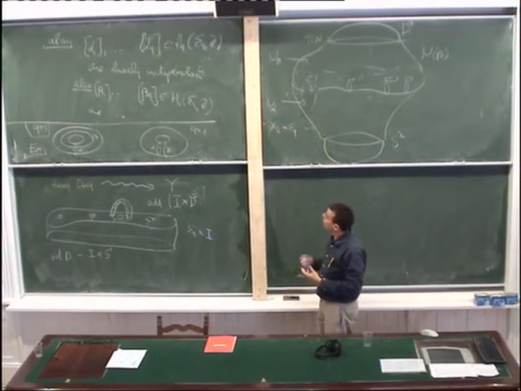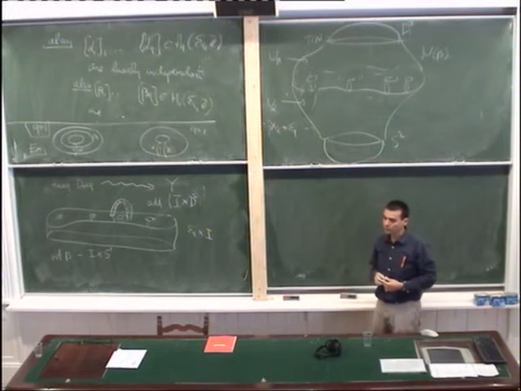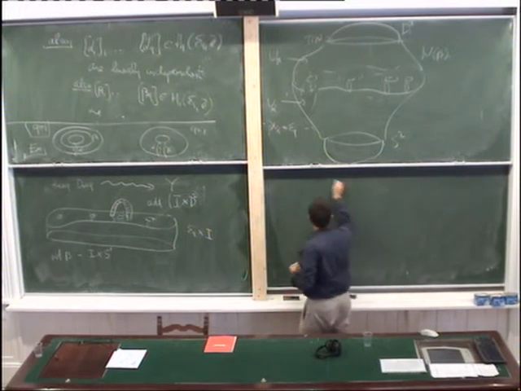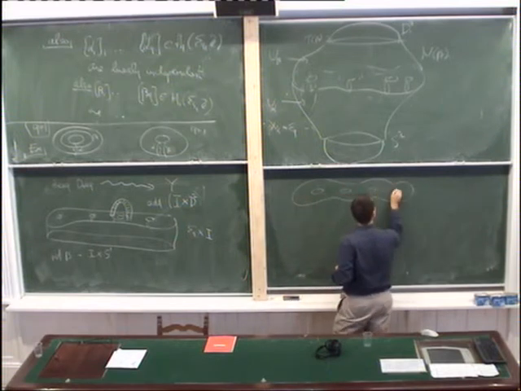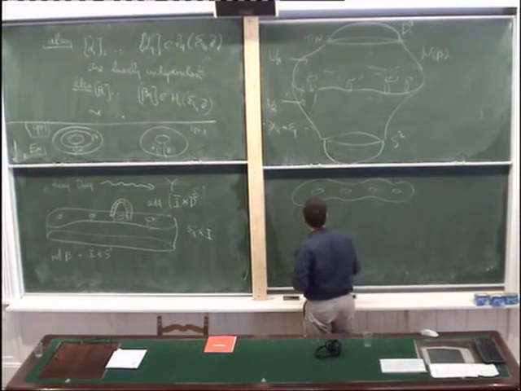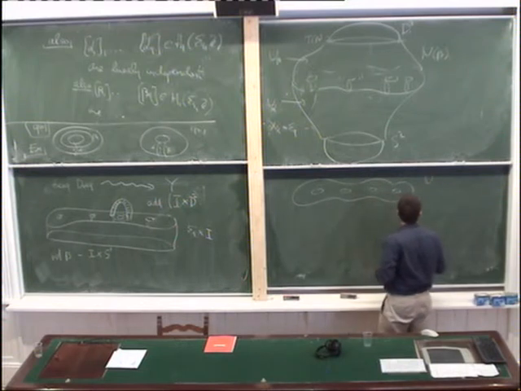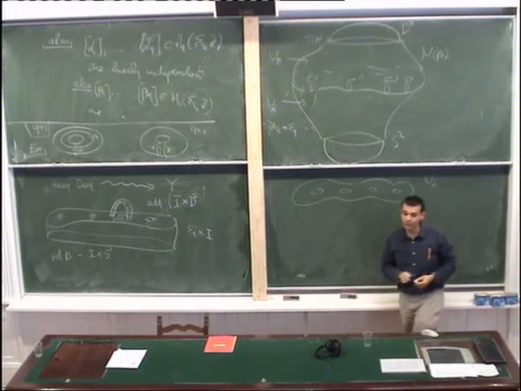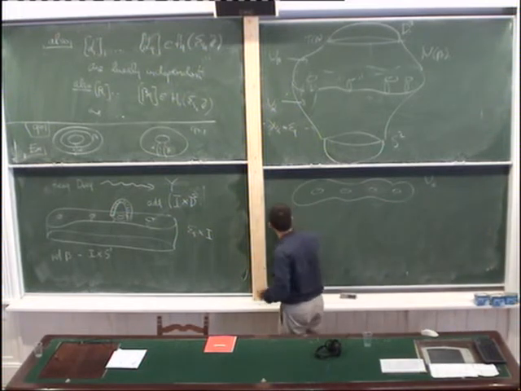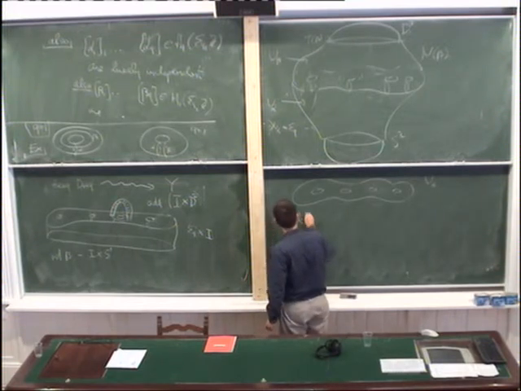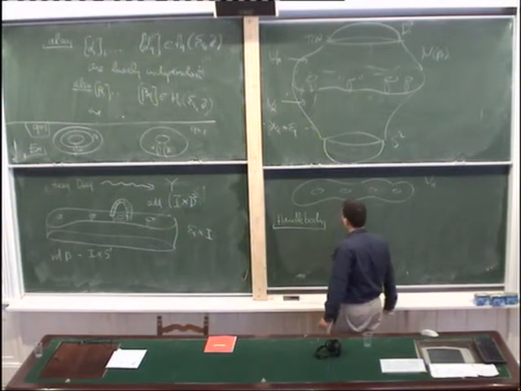So what is topologically U alpha and U beta? Well, it's not hard to see, and if you don't see it, just try to work it out at home, that this is a handle body of genus g.